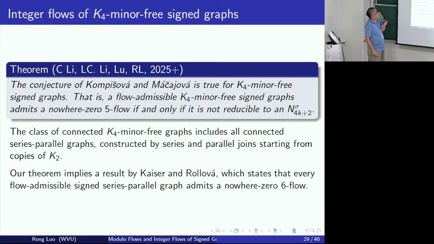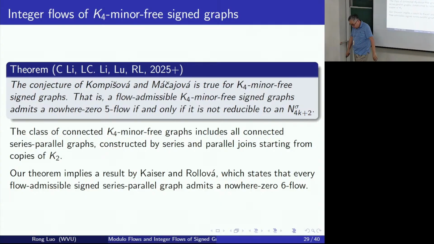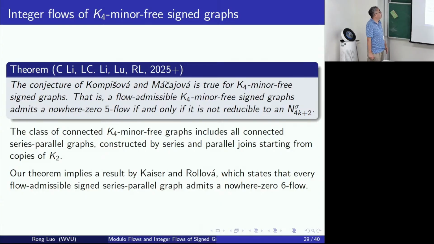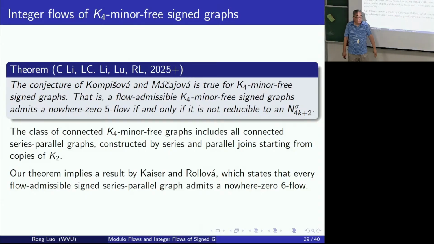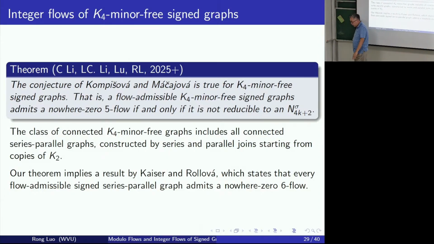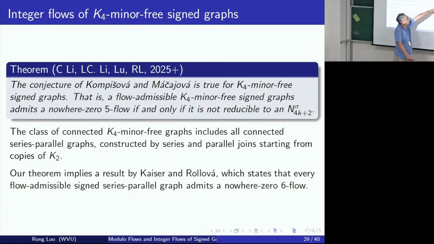And we know that the class of K4-minus-free graphs includes a lot of other classes, like series-parallel graphs. And as I mentioned earlier, Kaiser and Lukoťka also proved that series-parallel signed graphs admit nowhere-zero 6-flow, but they did not characterize which graphs have flow index 6. So our result also characterized the K4-minus-free graphs with flow index 6, which are reducible to this graph.